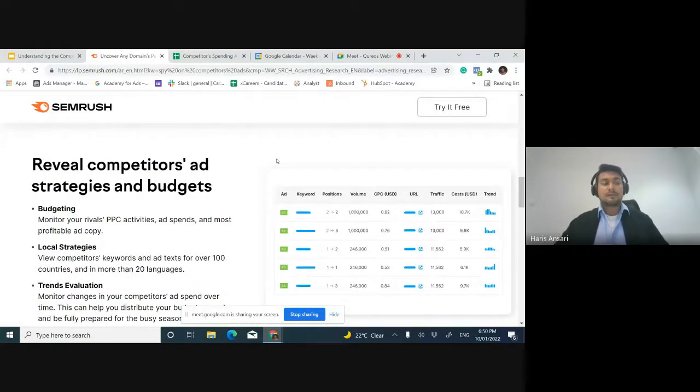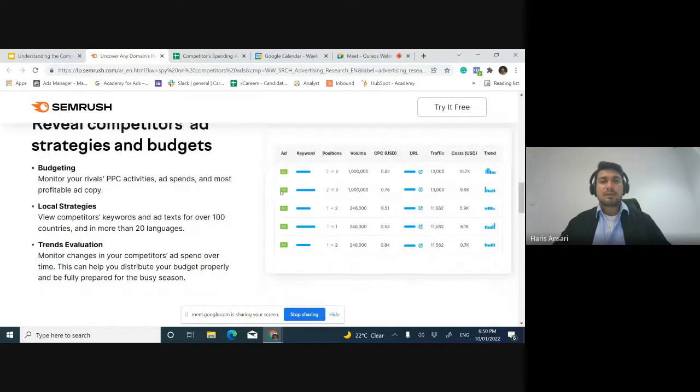But if you have big campaigns, if you have big budgets, I would recommend going for third-party platforms because it's convenient, it's quicker, and you don't have to do a lot in order to get the results. This is how the typical third-party platforms are. They'll tell you what keywords the competitors are bidding on, what their average positions are, how much volume they are getting, what they are paying for each individual click, traffic, their trends, everything about your competitors.